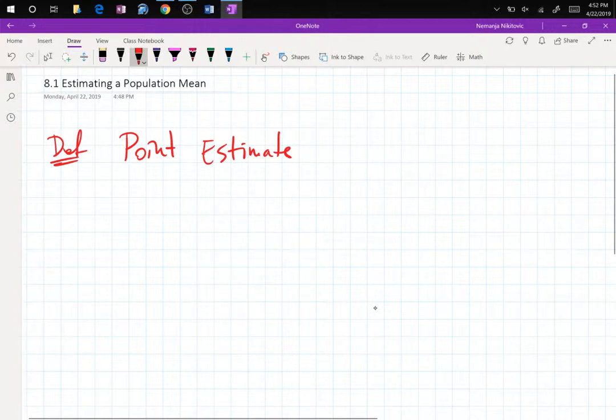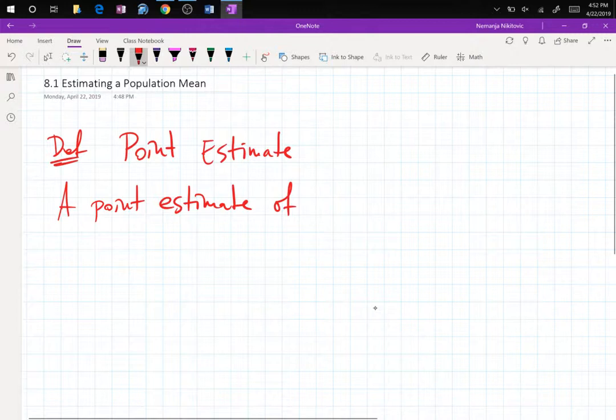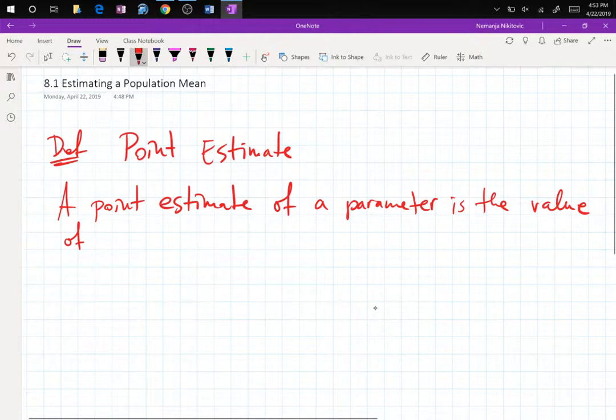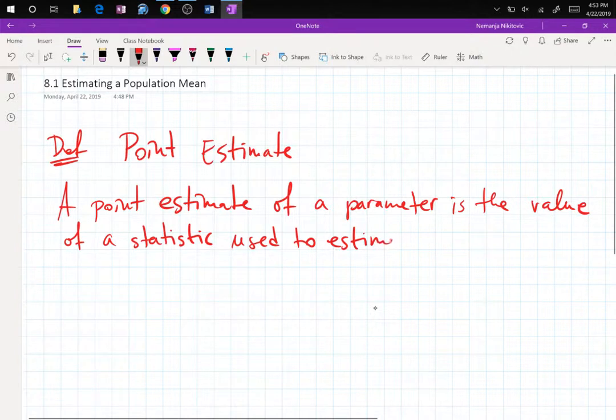A point estimate of a parameter is the value of a statistic used to estimate the parameter.